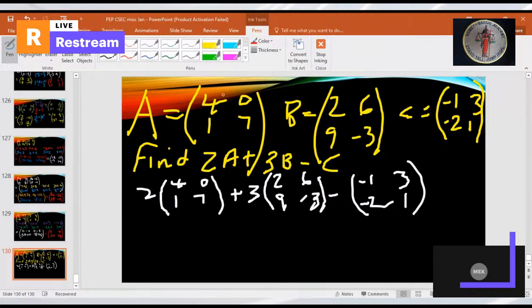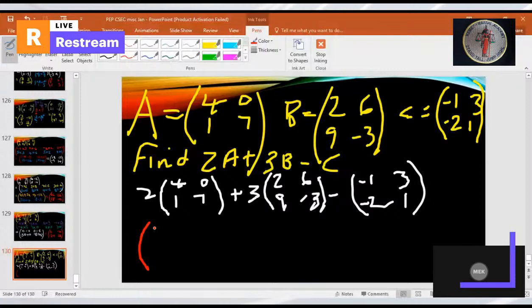So for this one, we'll have 2 times 4 is 8, 2 times 0, 2 ones, 2, 2 sevens, 14.